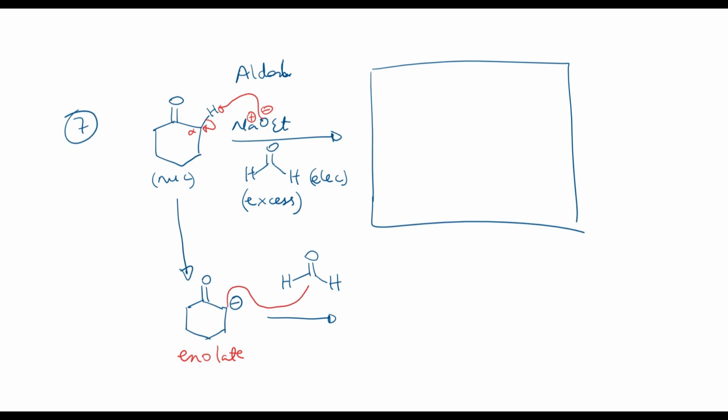The enolate is going to attack this carbonyl carbon of the electrophile, and we would have this intermediate. The negatively charged oxygen is going to pull a proton from the conjugate acid that is formed in situ, and will form an alcohol.